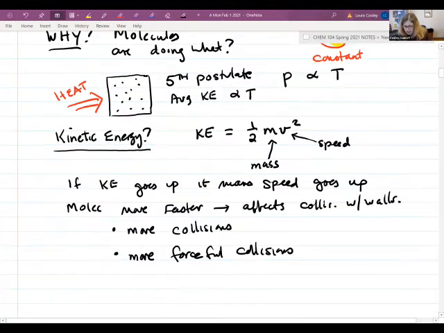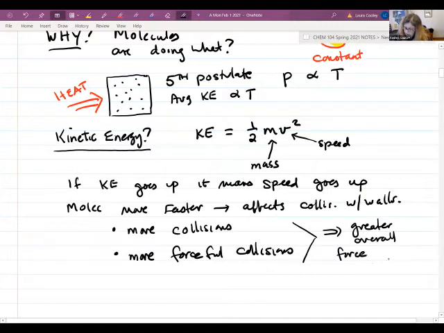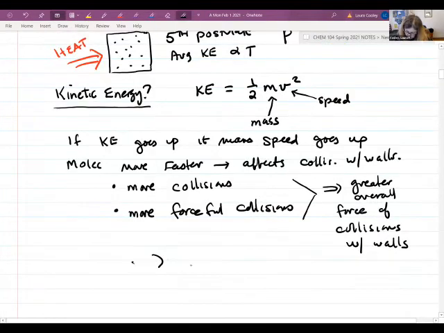And both of these things happen when the temperature goes up. Okay, more collisions, more forceful collisions. So you end up with a greater overall force of collisions with the walls. And what that means is that the pressure is going to go up.